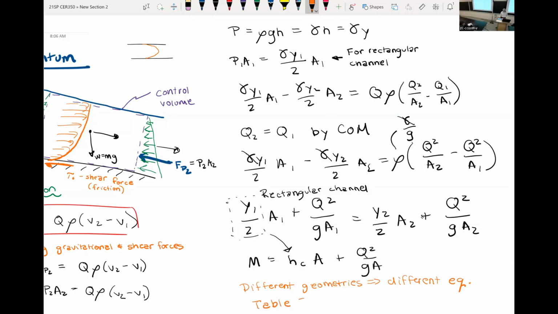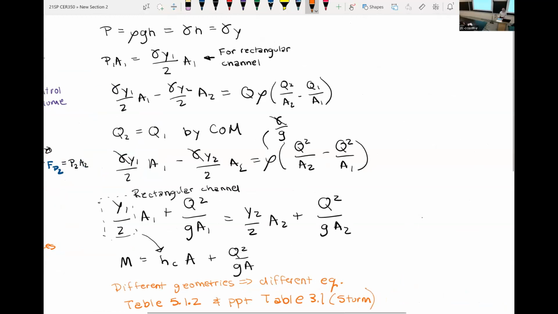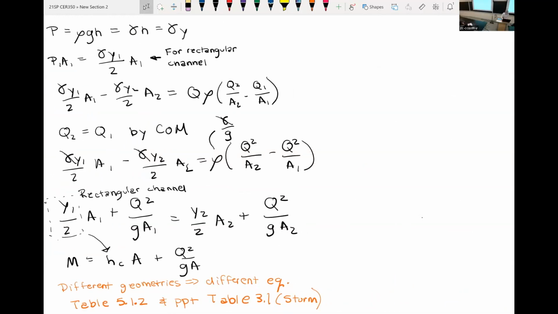Table 5.1.2 and the PowerPoint table I gave you out of the other textbook because I really like that table. Table 3.1 out of Sturm, which is an entire open channel hydraulics textbook that I used for a grad class a few years ago. Very nice table. Okay. You can see how you can jump right to the relationship. You can also see where this came from out of our conservation of mass or conservation of momentum expression.